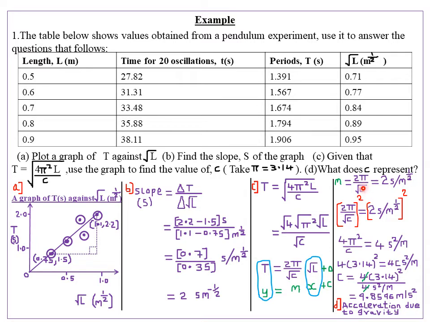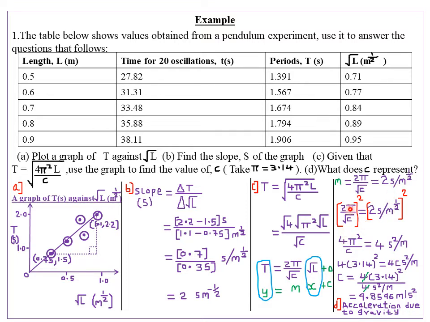If I want the value of c, because I'm asked to find the value of c, the easiest way is to take the squares on both sides so that I remove the square root here. So I have 2 pi over the root of c, squared, being equal to 2 seconds per meter power a half, squared. I'm simply squaring both sides.